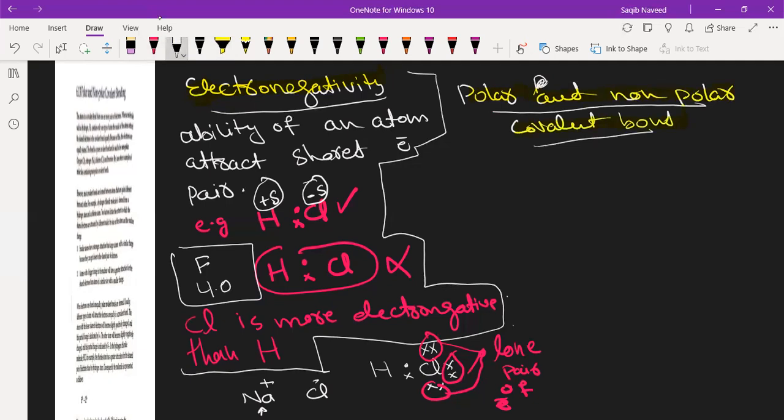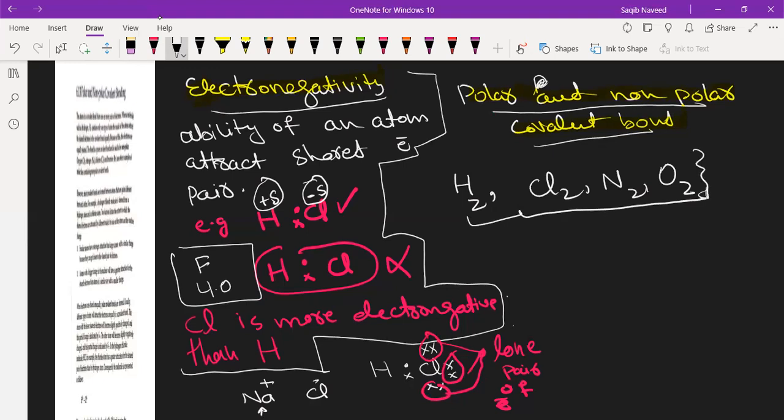For example, for your convenience, H2, Cl2, N2, O2. All the bonds in these are non-polar. Why? Think why they are non-polar covalent bonds.